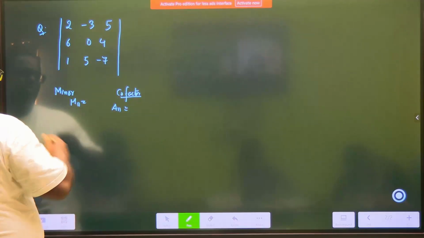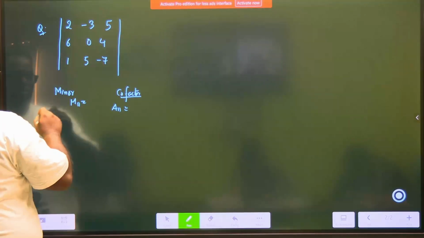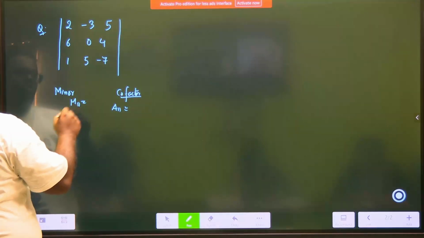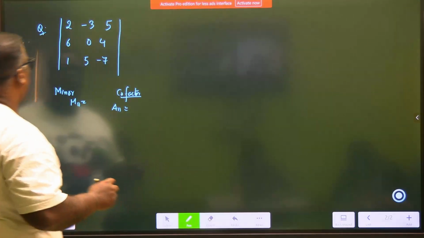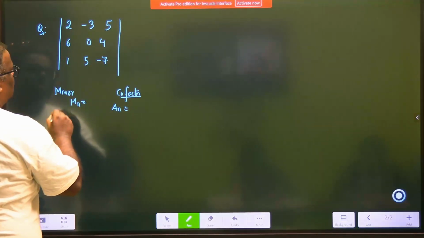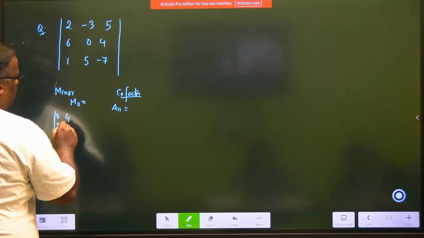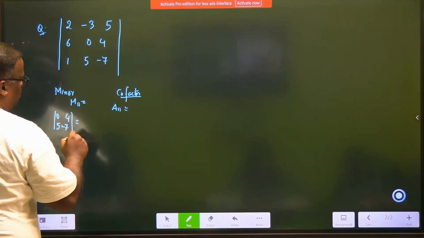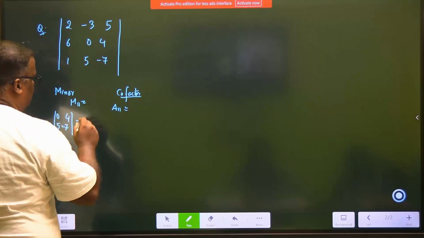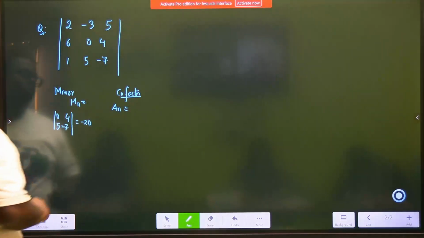So the first one, the element is 2 and the minor is M11. M11 would be the determinant 0, 4, 5, minus 7, which is equal to 0 minus 20, which is minus 20.